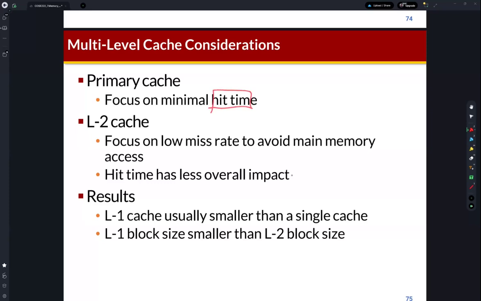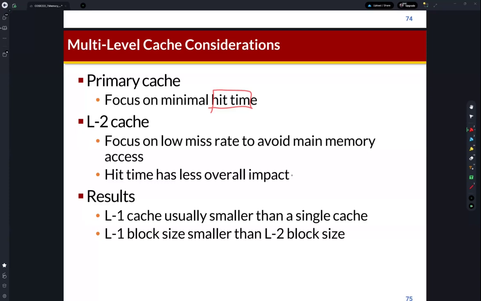For the L2 cache, when we design the L2 cache, we can make the miss rate lower. By doing this, we can increase the hit rate. If the cache size is increased, then the cache can include more cache blocks, right? The larger data.